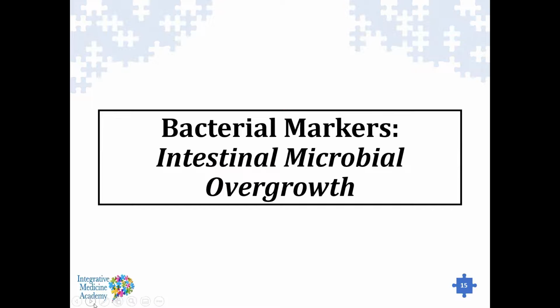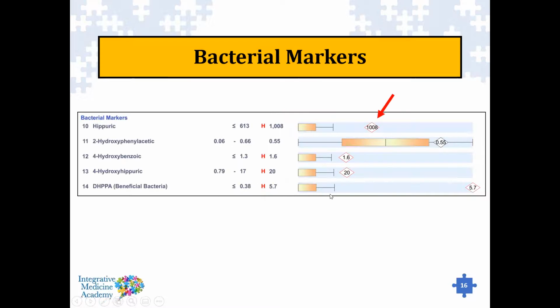So first off, let's look at just bacterial markers in the intestinal microbial overgrowth. So we know that these markers in this section can indicate dysbiosis, some kind of bacterial imbalance in the digestive system. Hippuric is a marker that tends to show up quite commonly. What you have to decide is, is it clinically relevant? Is it problematic? What does it mean for the person that it's showing up elevated in?